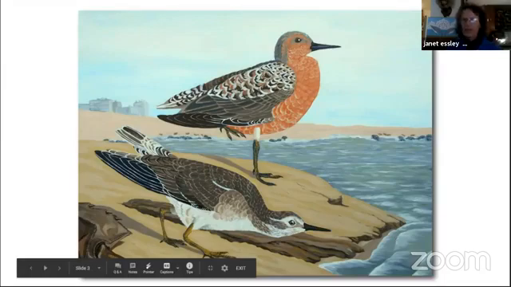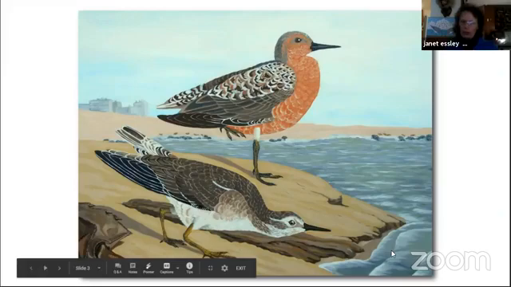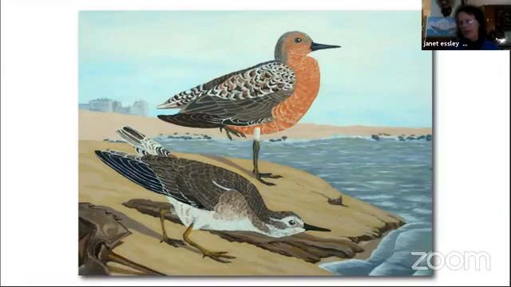Both sexes have the same breeding plumage, but that bird in breeding plumage at Delaware Bay would be a bird that is passing through the bay in May. The bird lower down in non-breeding plumage of a juvenile would be a bird that has begun its first southern migration flight and might be passing through Delaware Bay in September.